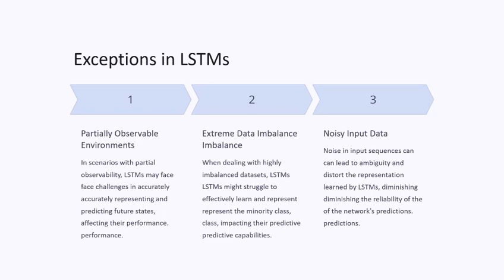When dealing with a highly imbalanced dataset, LSTMs might struggle to effectively learn and represent the minority classes, impacting their predictive capabilities. Noisy input data. Noise in input sequences can lead to ambiguity and distort the representations learned by LSTMs, diminishing the reliability of the network's predictions.